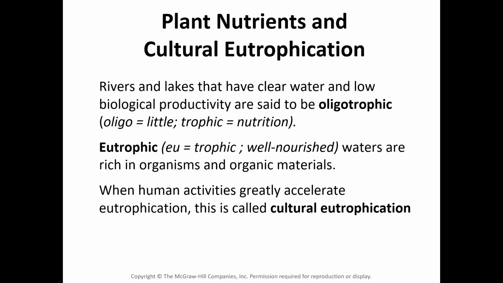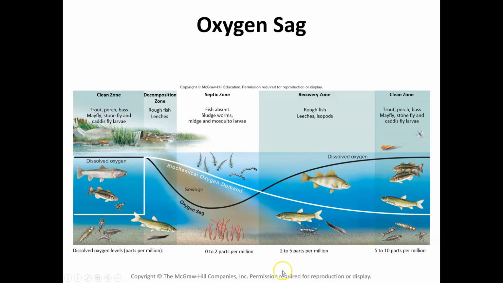However, with these plant nutrients, there is such a thing as too much of a good thing. Plants that have access to a lot of phosphates and nutrients grow very, very quickly. And this also applies to things living in the water, like algae. So a lake that is clear and doesn't have a lot of algae in it has just enough to meet the demands of the lake itself.